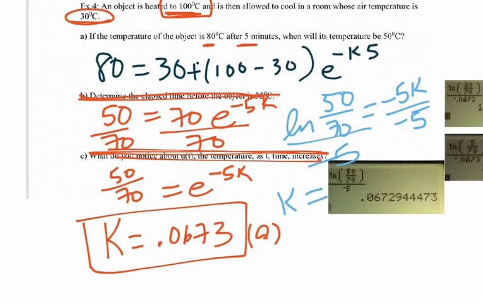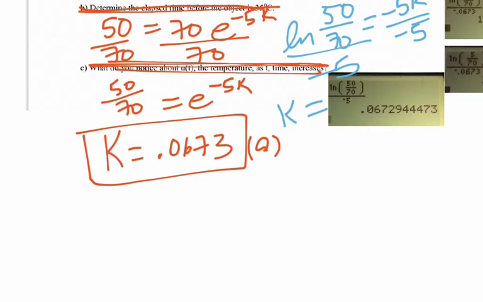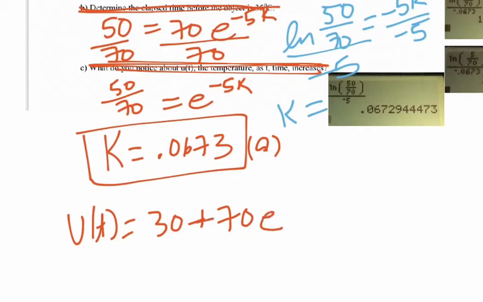I'm going to come over here and write the equation, which is technically going to be U of t is going to be equal to 30 plus 70e to the negative 0.0673 and then t.